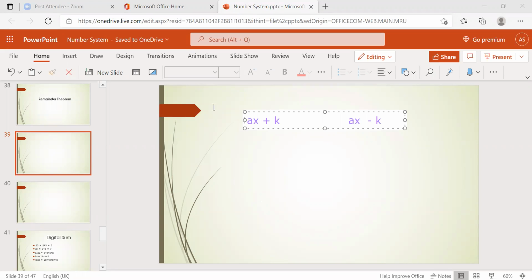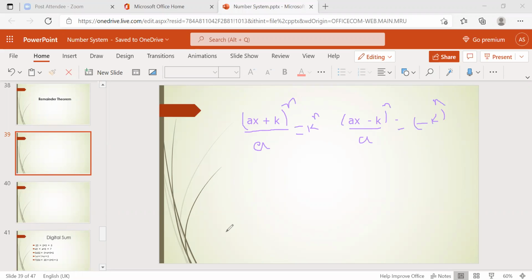So I'll say, divided by a, (ax plus k) whole power n gives k power n, and (ax minus k) whole power n gives minus k power n. Right?